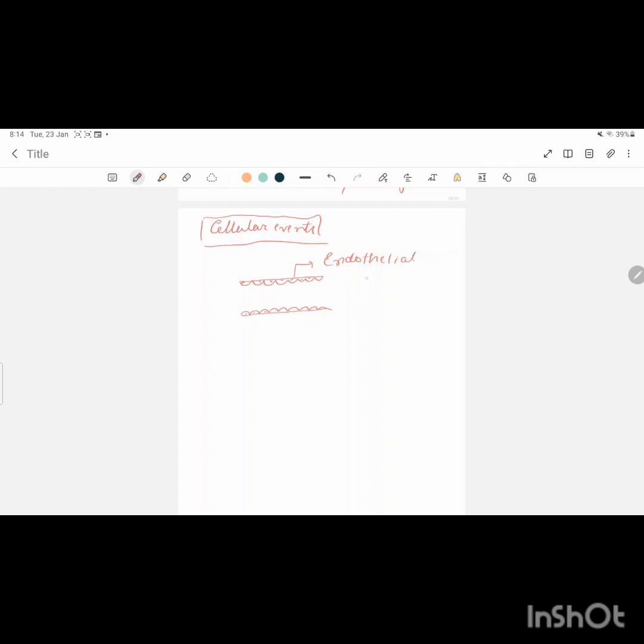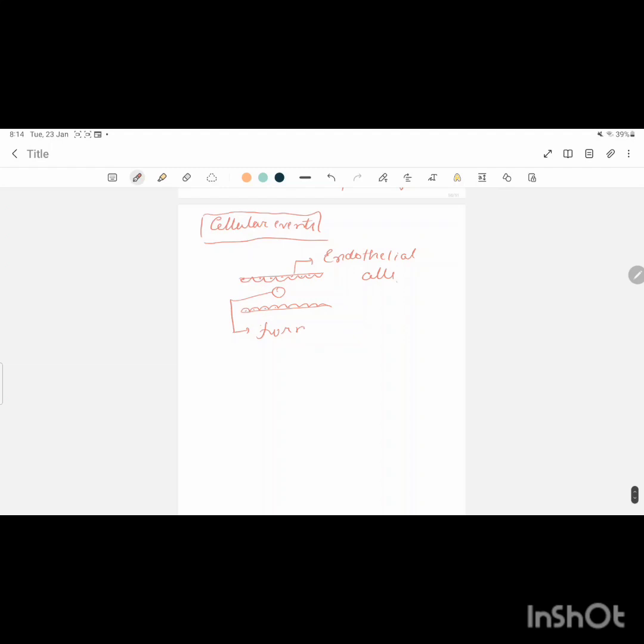We know that the formed elements of blood are present at the center. Suppose this is a neutrophil. Formed elements of blood are present at the center.